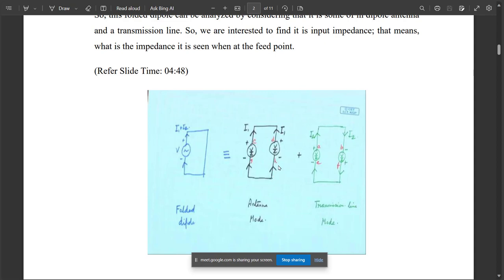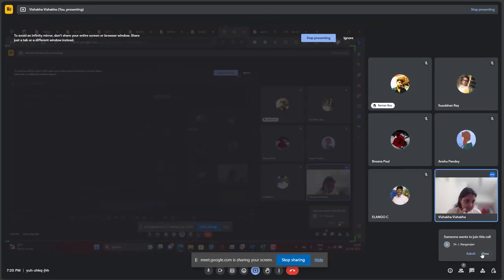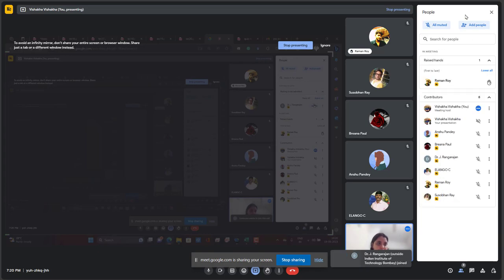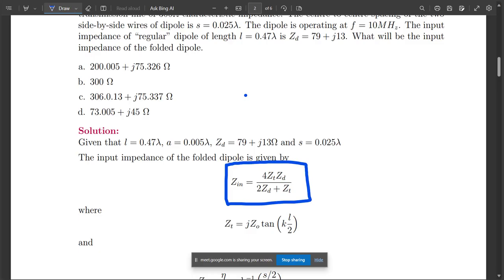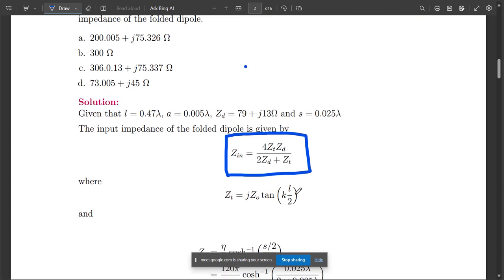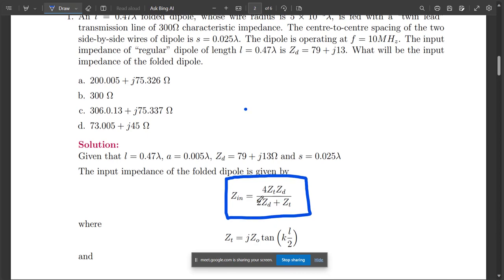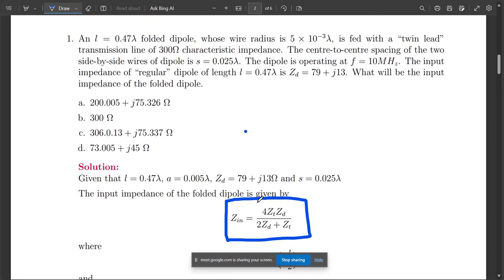So this is the dipole antenna and these are the transmission line. The input impedance of the folded dipole can be given as ZA equal to 4ZT into ZD upon 2ZD plus ZT. Now ZT can be written as jZ0 tan(kL/2). What is Z0? Can someone tell me?